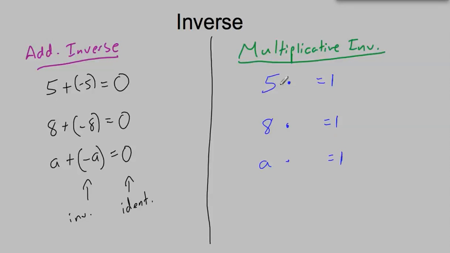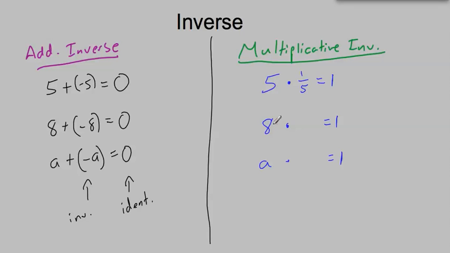Well, if you guys think about your fractions, which I know you love because every student loves fractions, if I have 1/5 and I have 5 of those all put together, I end up with 5 times 1/5, which is 5/5, which equals 1.